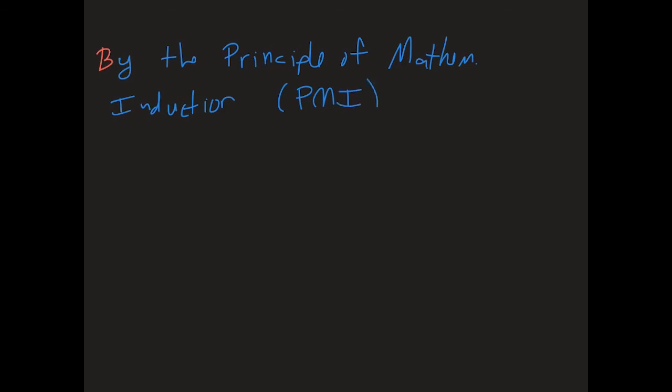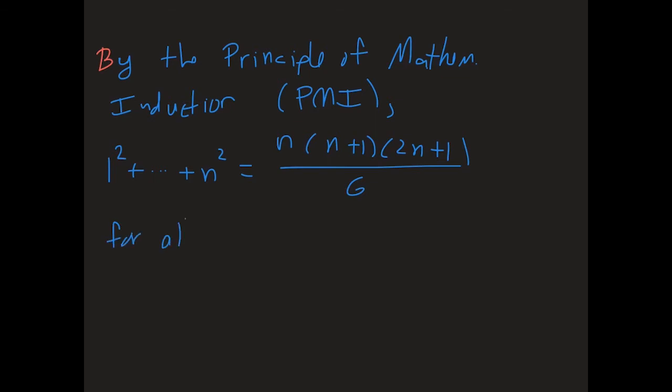By the principle of mathematical induction, or you can just write PMI, 1 squared plus dot dot dot plus n squared is equal to n times (n plus 1) times (2n plus 1) over 6 for all n a natural number.